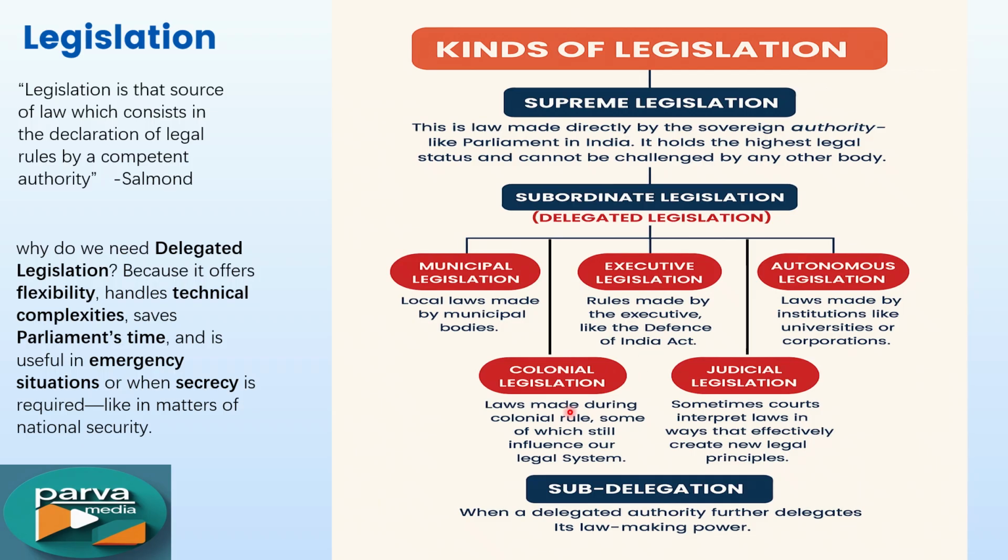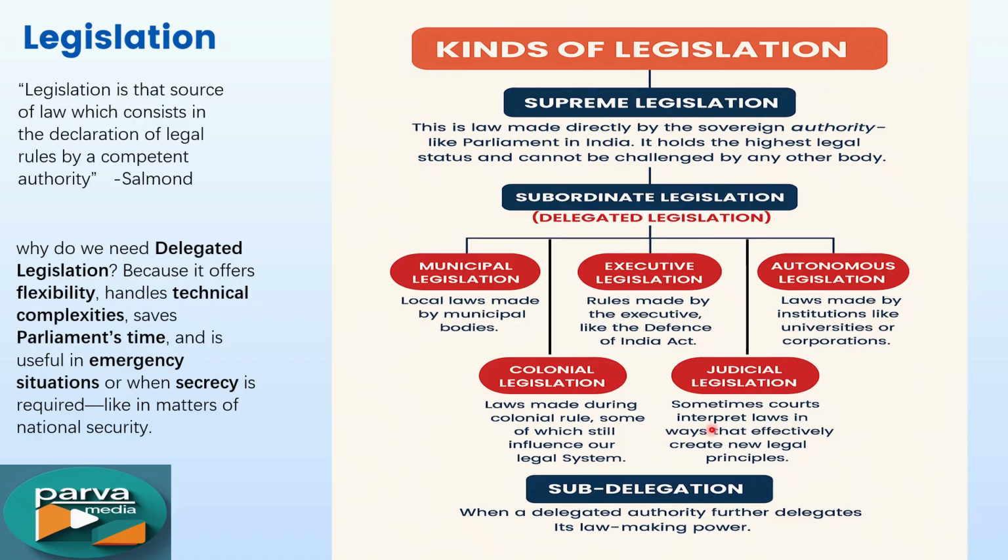Then we have colonial legislation, laws made during colonial rule, some of which still influence our legal system. Autonomous legislation, laws made by institutions like universities and corporations, like how universities make bye-laws, and LIC or other large corporations of the government of India pass their own legislation for day-to-day operations.